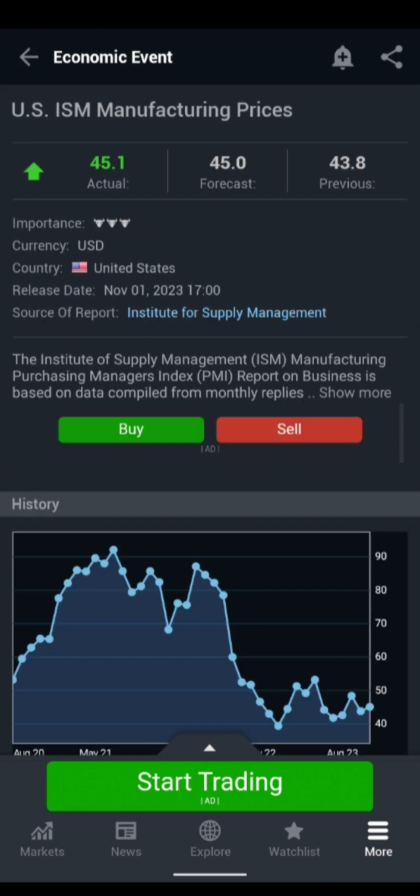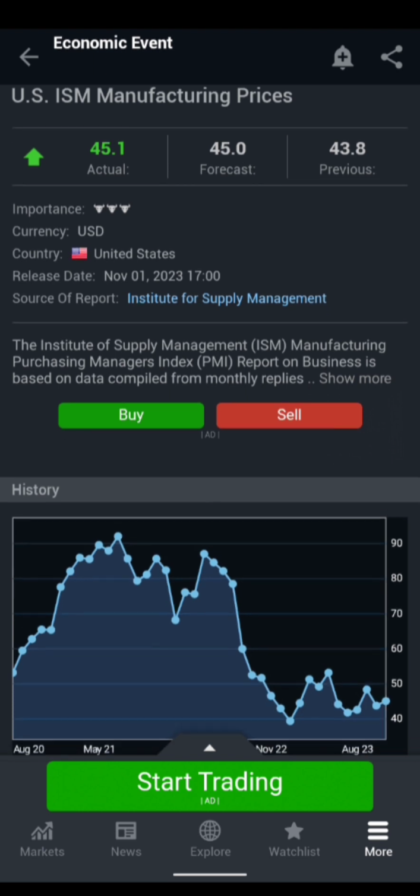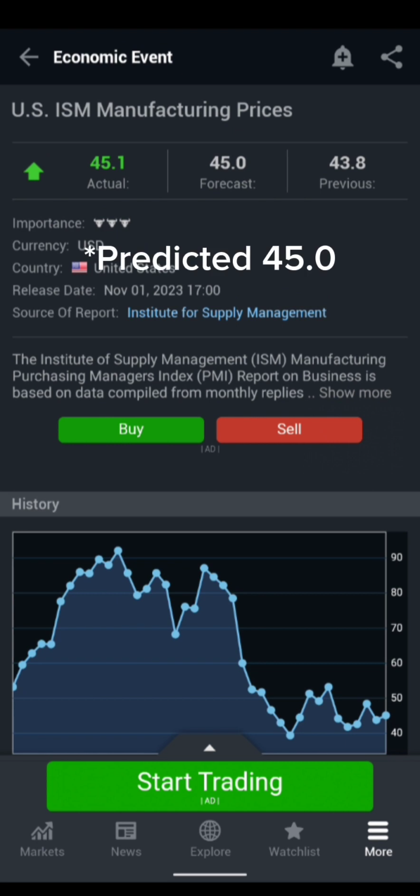You open it up, it gives you the actual, forecast, and previous. For this event, the previous figure was 43.8. The economists predicted something like 45.1. But at 5 p.m., the actual figure that came out was 45.1. The deviation is the difference between the actual and the forecast. So there was a deviation of 0.1.